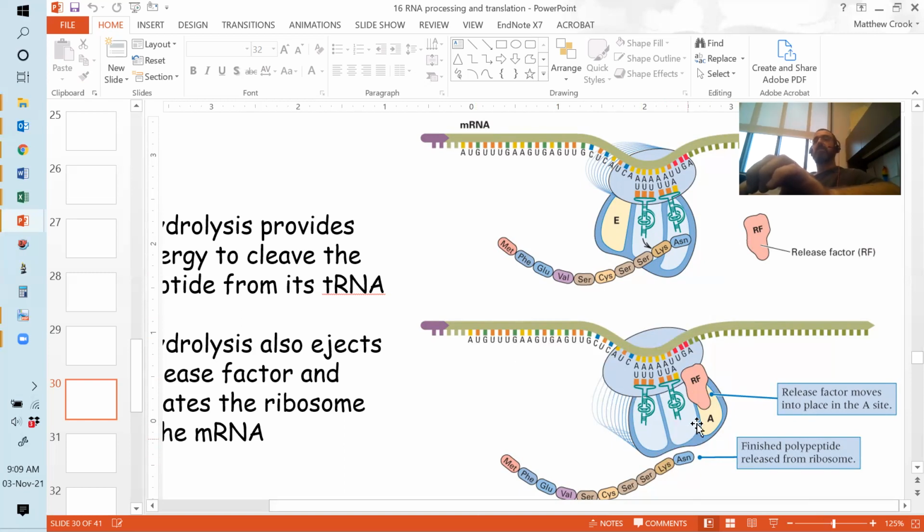First, it cleaves the polypeptide from the last tRNA, the one in the P site, in this case for asparagine. And second, this is all with the aid of energy in the form of GTP, or hydrolysis of GTP. And then the second is it kind of pushes apart the ribosome and forces it off of the mRNA.